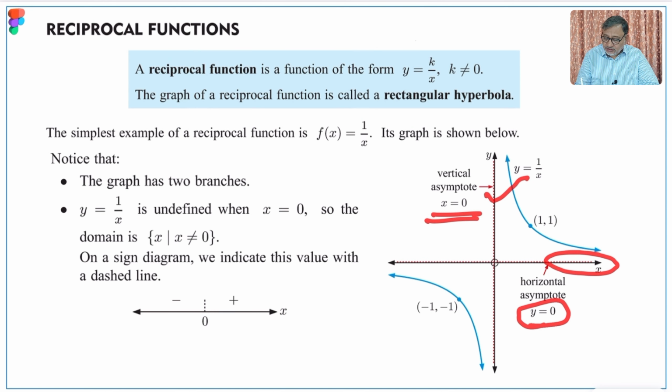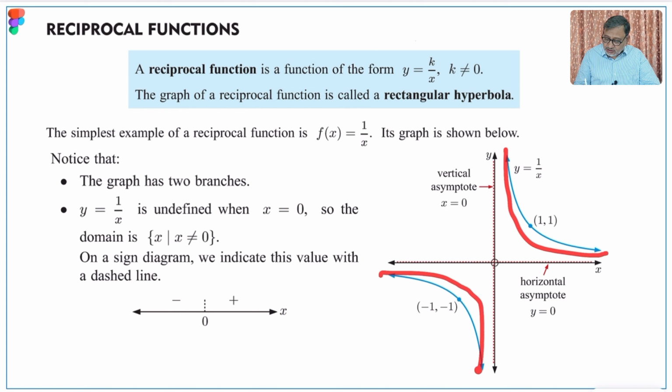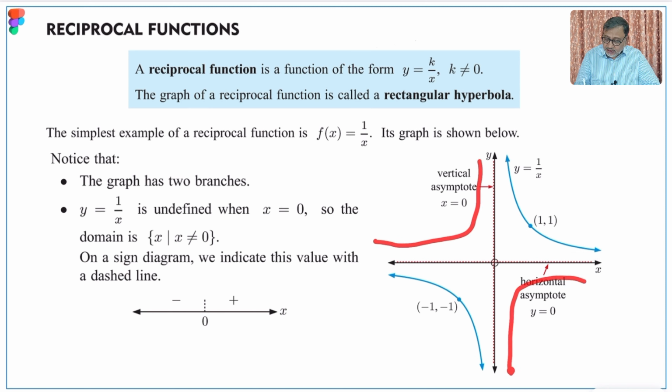Okay, y is equal to 0, x is equal to 0, and whenever there are asymptotes, the curve will be between the asymptotes. So what I mean is it will be here and here because the two asymptotes are here and here, right? Then one more thing you should remember, if the reciprocal function has negative x, then the graph will be in the second and fourth quadrant, like this.